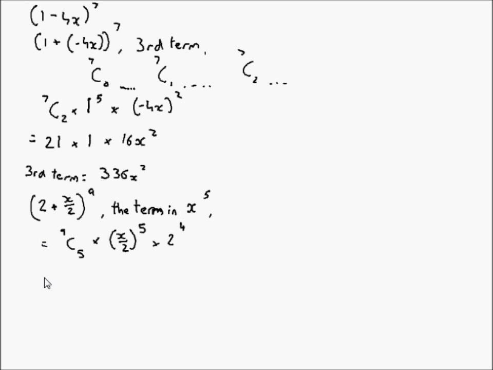Now, 9c5 is equal to 126. Then x over 2 to the power of 5 is equal to x to the power of 5 over 32, and 2 to the power of 4 is equal to 16.